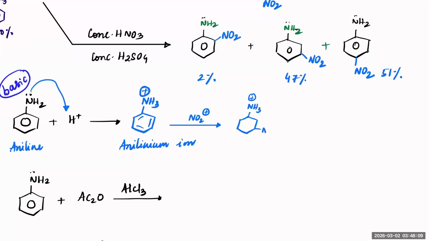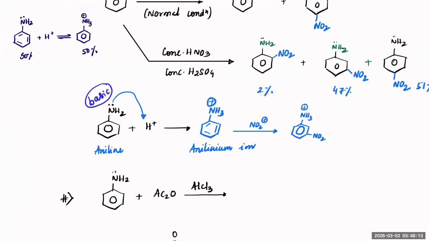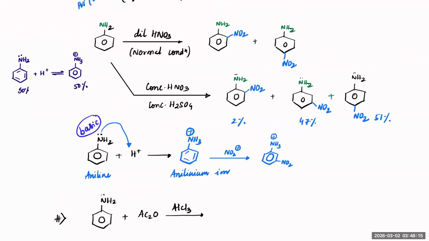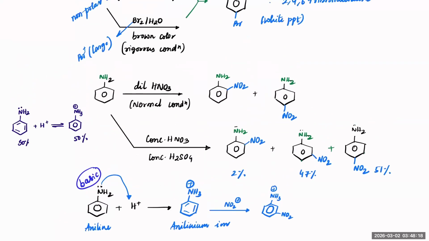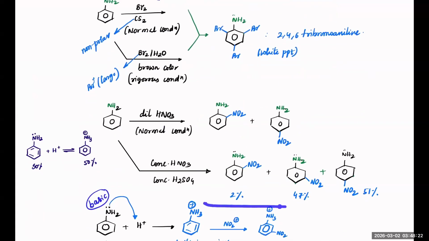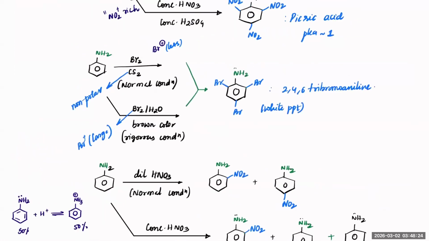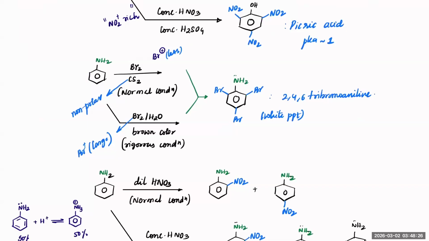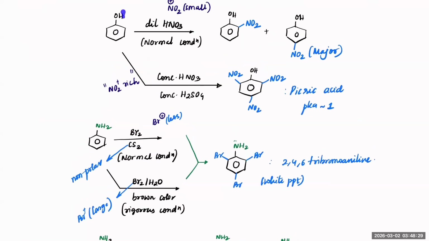Therefore, you will see NO2 at this meta position, and that will be the major product. Again, this is different in the case of phenol and in the case of aniline. In the case of phenol, this problem does not come, because phenol itself is acidic, so it will not get protonated easily.